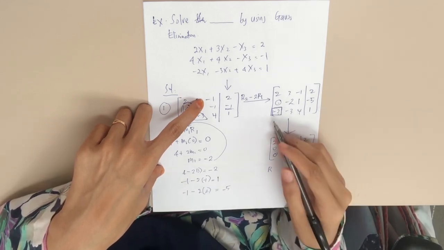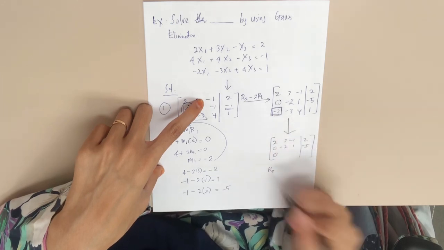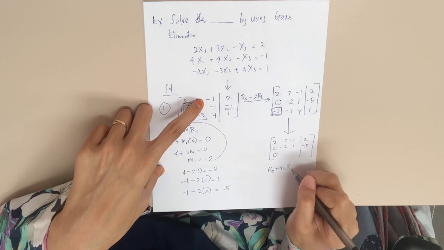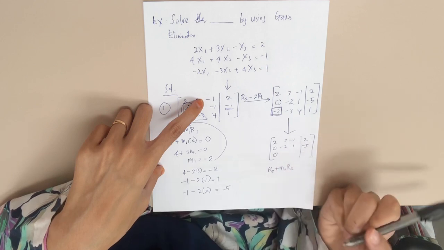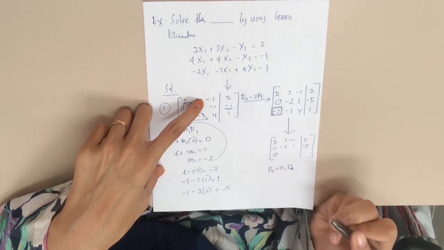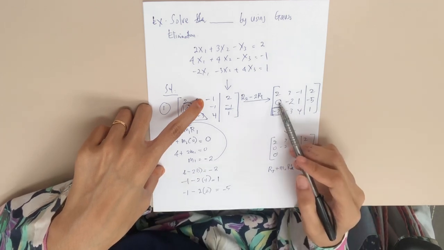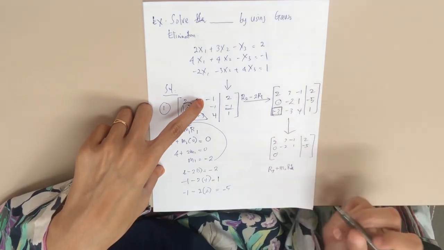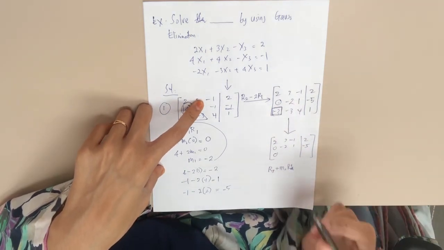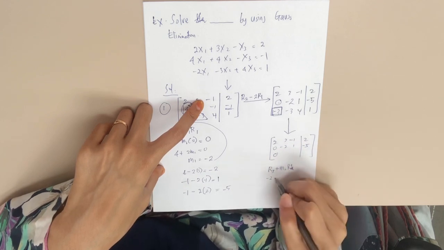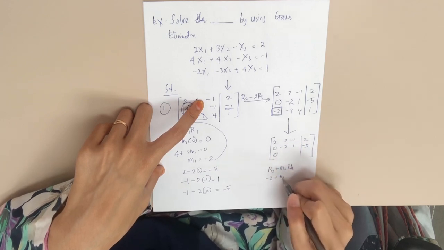So negative 2 is located at row 3, right? Plus M2 times R2 or R1? Yeah, R1. Still remember, atas dia kosong, so you cannot choose R2, you must choose the one that has value. So you will choose R1. So your R3 here is negative 2. Your M2 we don't know yet.